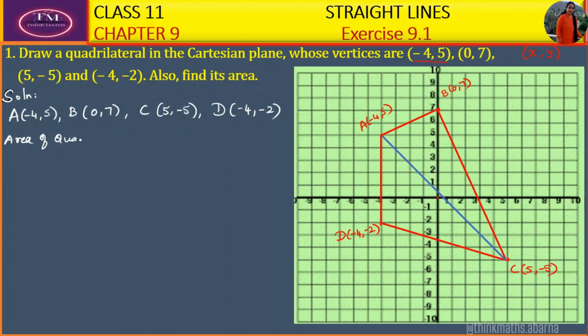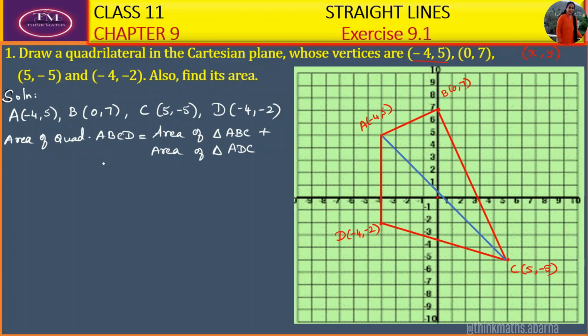Area of quadrilateral ABCD is nothing but area of triangle ABC plus area of triangle ADC. We have to find separately the area of triangle ABC and the area of triangle ADC using the area formula.